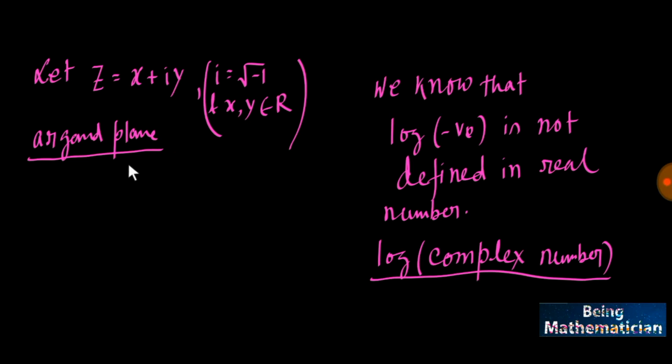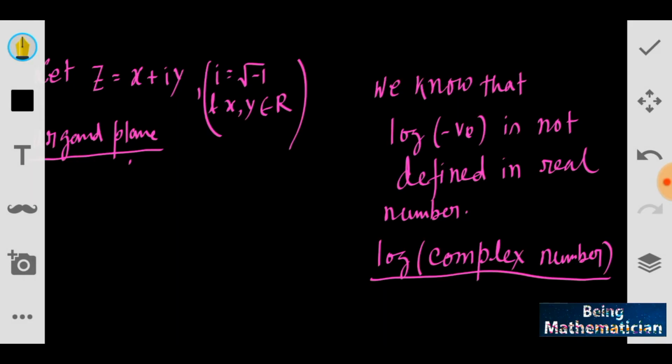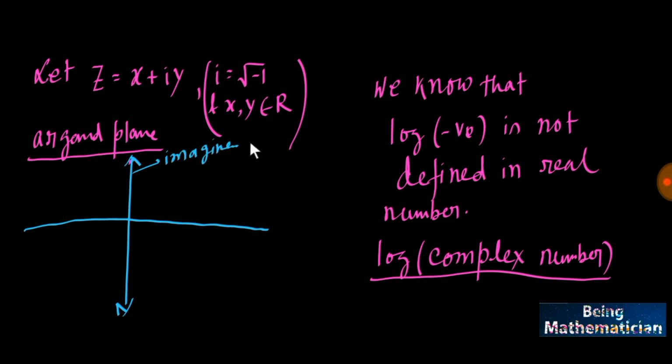In this system, the y-axis is the imaginary axis and the x-axis is the real axis.